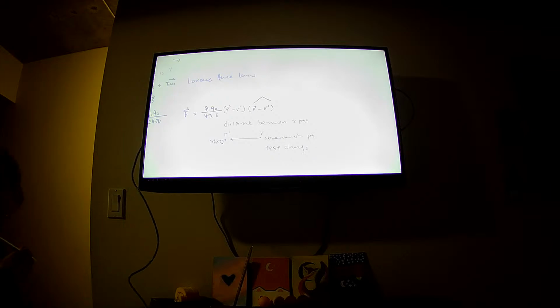Am I teaching this correctly? To get the unit vector, you have the vector over its absolute value. Vector over the absolute value. Can you see the equation?